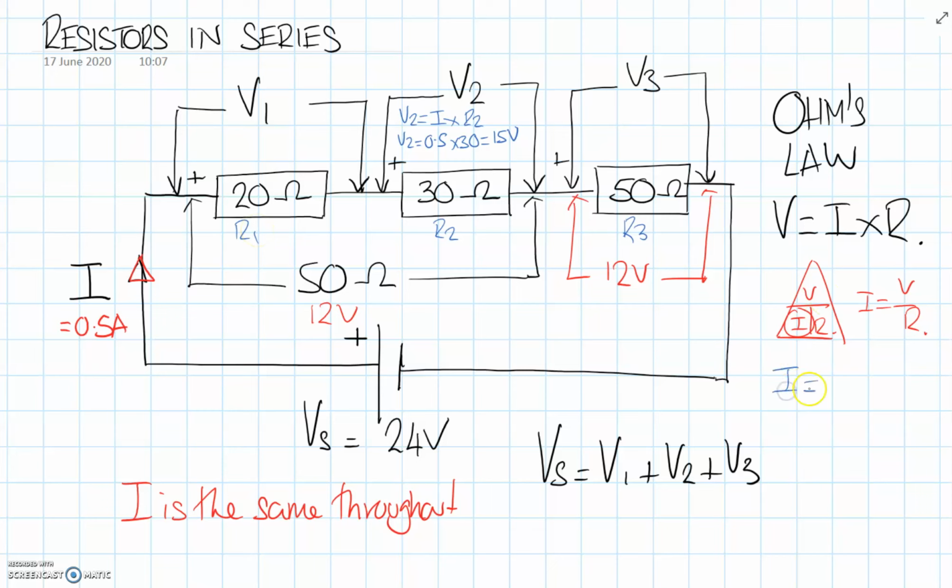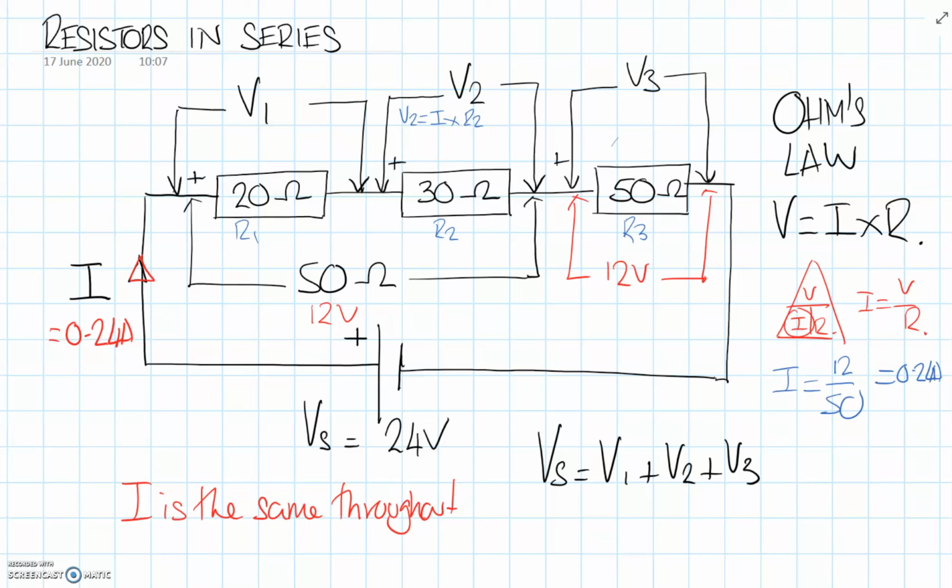So if we look at this resistor, the 50 ohm, so that's going to be 12 volts over 50. So if we get the old calculator out, 12 over 50 gives us 0.24 amps.